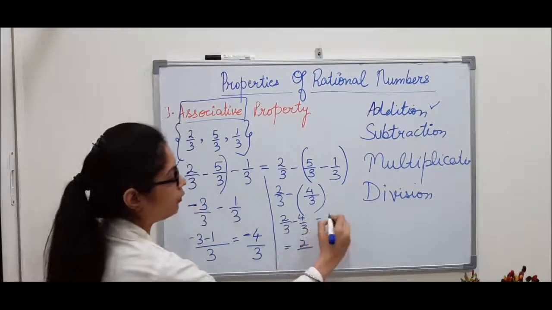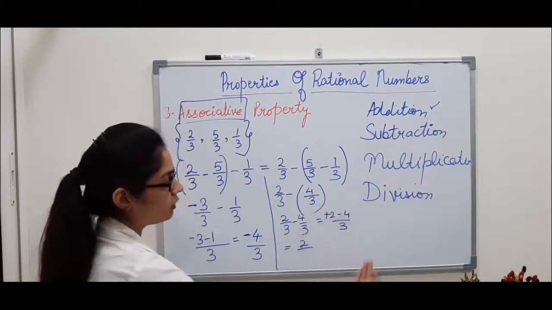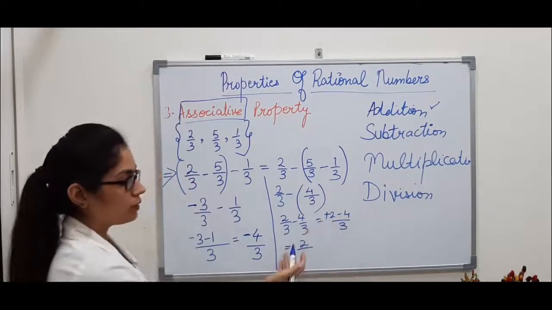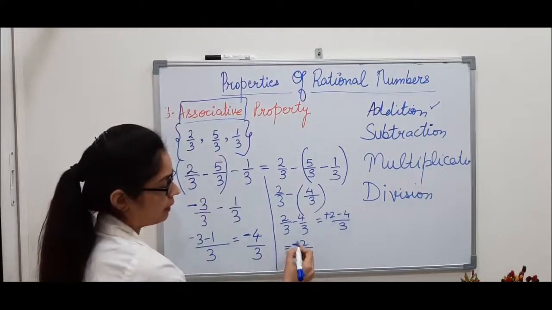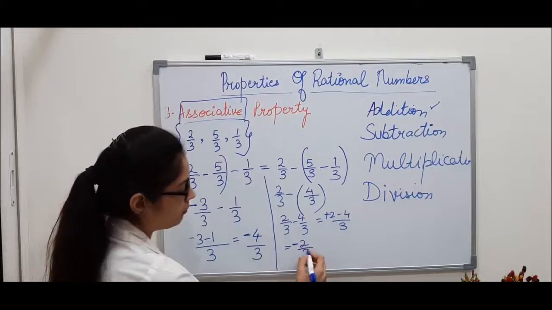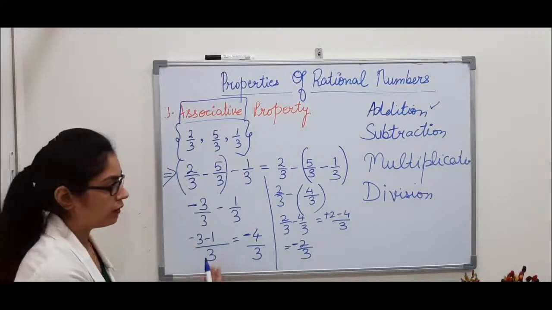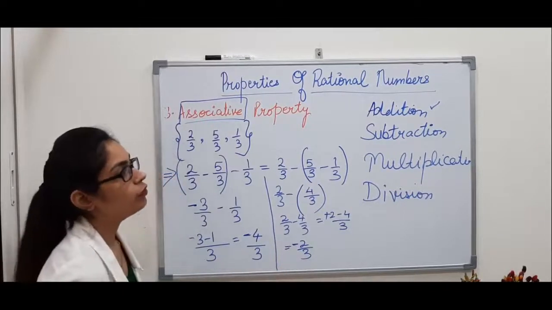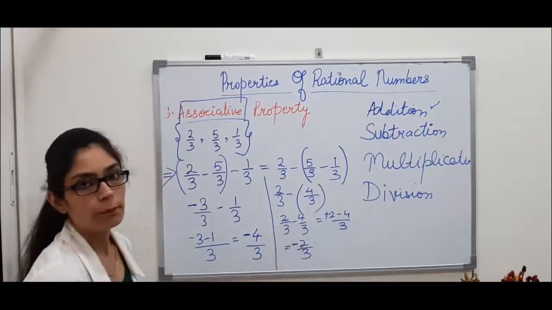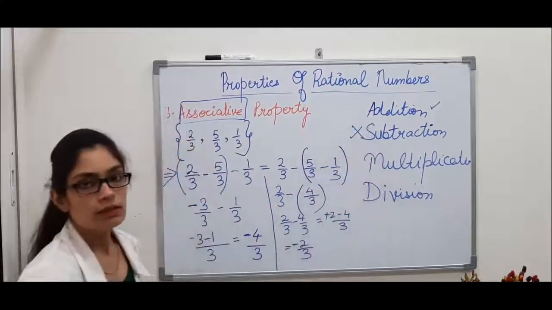The bigger number is 4. 2 is plus, 4 is minus. So 4 minus 2 is 2, but with the bigger number the sign is minus. So I will write the minus sign with my answer, minus 2 by 3. Here I got minus 4 by 3 for the left hand side, but for the right hand side, I got minus 2 by 3. Which means rational numbers are not associative under subtraction.